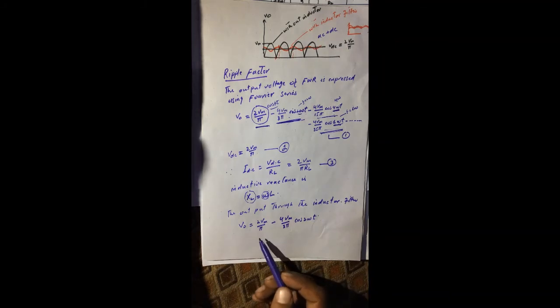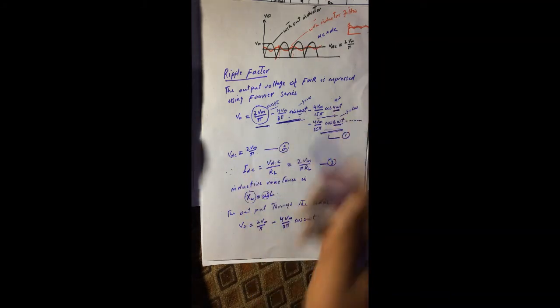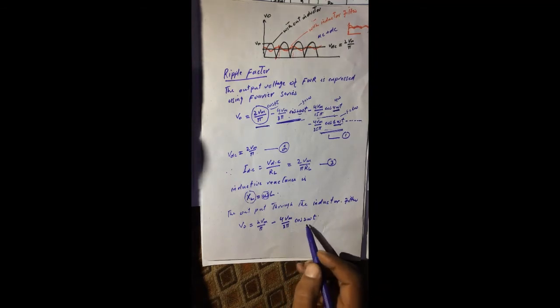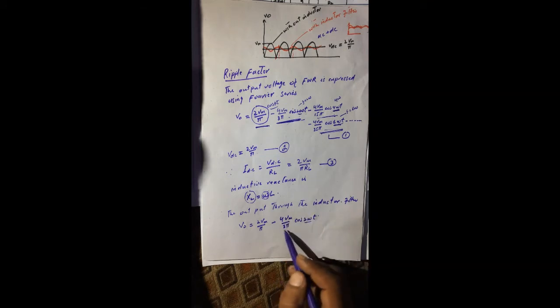This is the DC component. This will pass surely through the inductor, while this component is the AC component. Its frequency is small, so the resistance to this harmonic will be small, so this component might pass through the inductor.